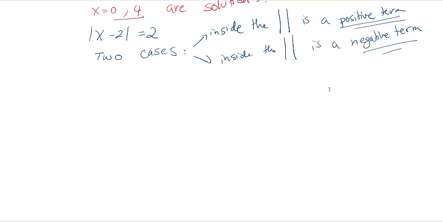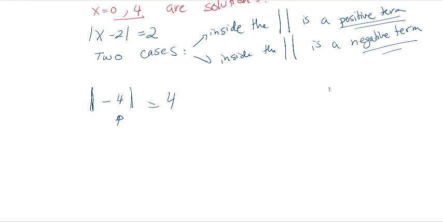So for instance, if we had inside the absolute value -4, we know the absolute value of -4 is just 4. But that would mean that when we take this function, the absolute value here, we're basically switching the sign. So we're taking the negatives of what's inside.